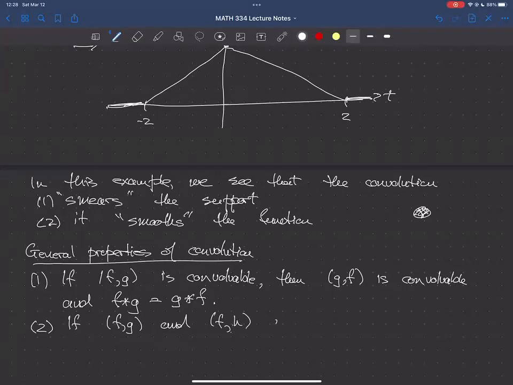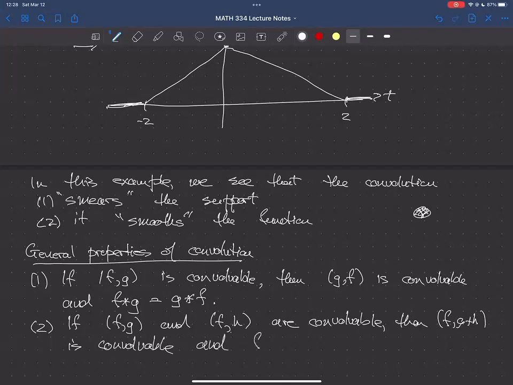So if f, g and f, h are convolvable, then f, g plus h is convolvable. And of course, f star (g plus h) is f star g plus f star h.